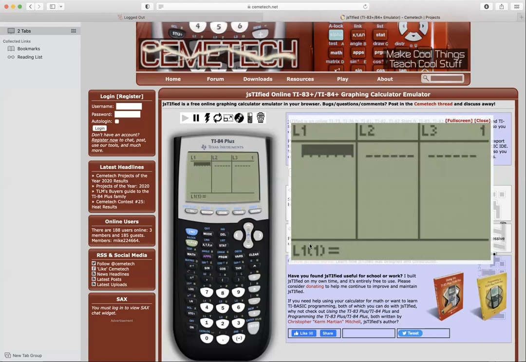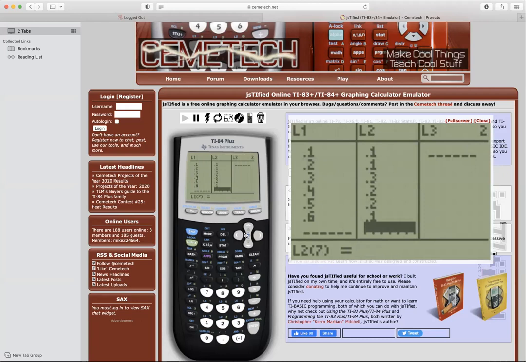We need to put 0.1 this time, and then 0.2, 0.3, 0.4, 0.5, 0.6, and then the other numbers are 0.1, 0.1, 0.3, 0.2, 0.2, 0.1.